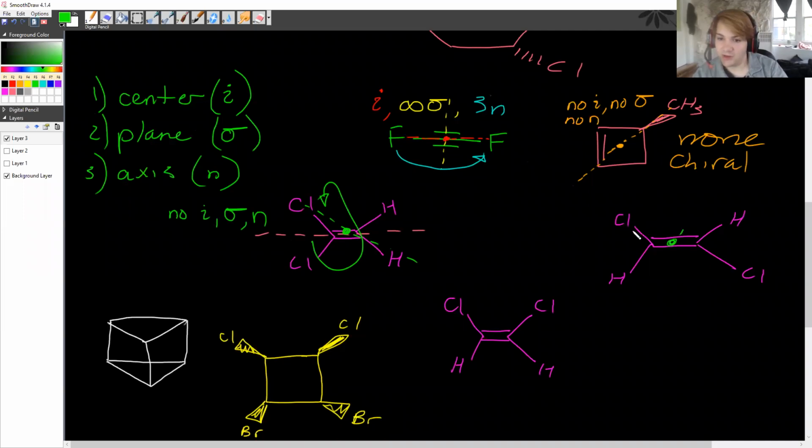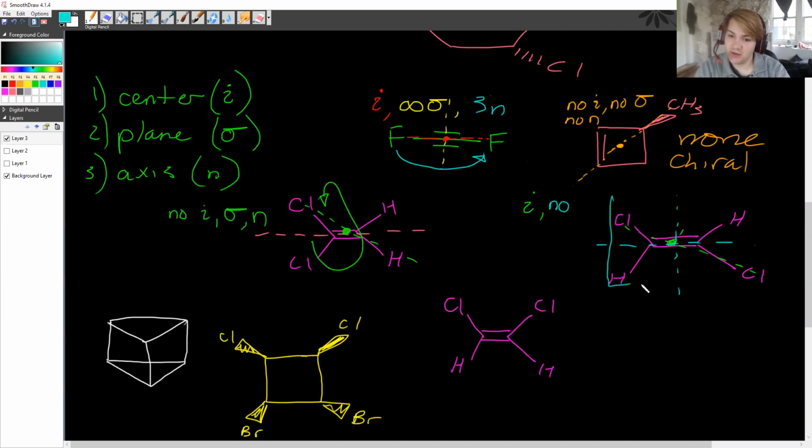This guy over here, what I see is that there is a center of symmetry, so I have that. There is not a plane of symmetry this way, because chlorine doesn't map onto hydrogen. Even if I did it this way, chlorine does not match up onto hydrogen. Is there a plane of symmetry? Oh, there would be.